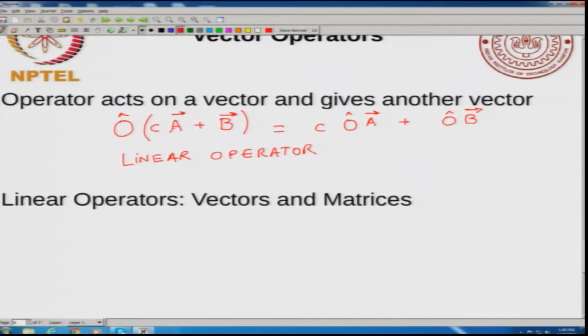So, for example, this is an example of linear operators. Last time we said, you know, add a constant vector.